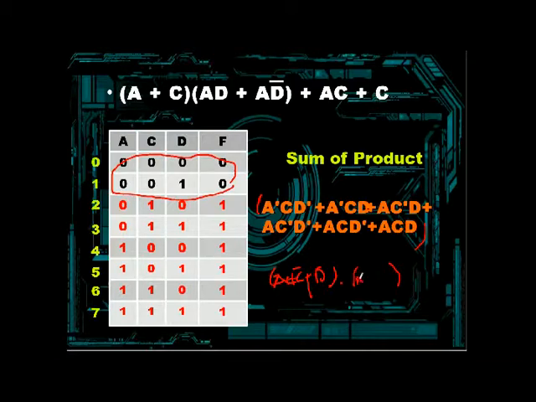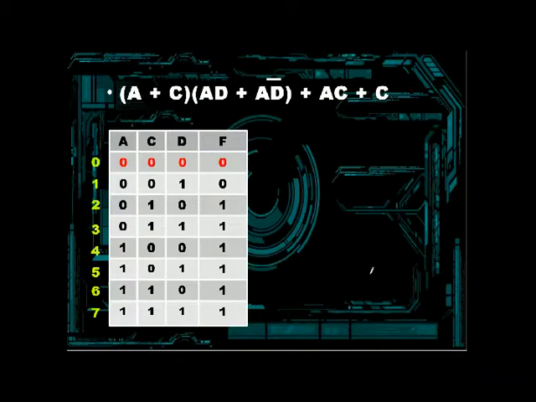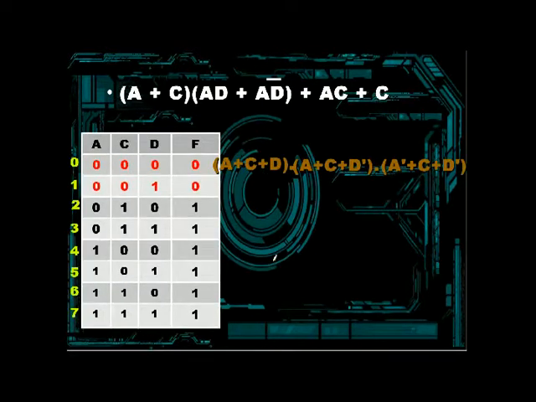A not or C not or D. This is my product of sum. Oh, this one. Sorry, I fixed this before earlier and I forgot to take this out. No, take this out. It's going to be this, because I figured out that was a 0.